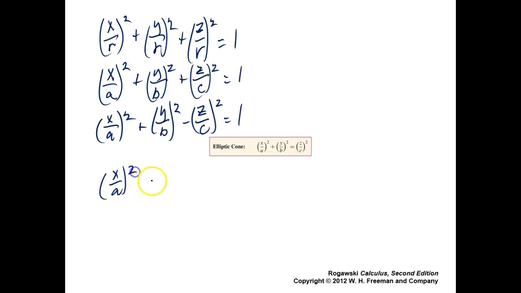X over a squared minus y over b squared minus z over c squared is equal to 1. That would be the hyperboloid of 2 sheets. Now the book usually writes these two with pluses, and then this one minus 1. That's perfectly fine, but it just looks to me like this is more orderly, regular.